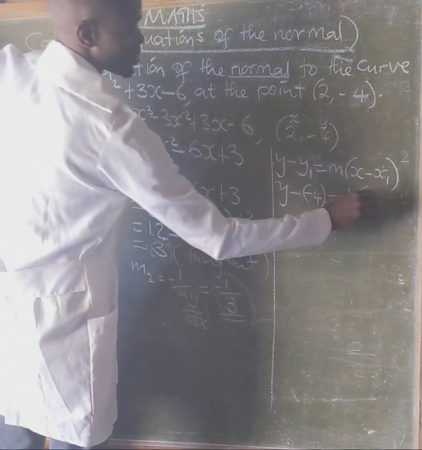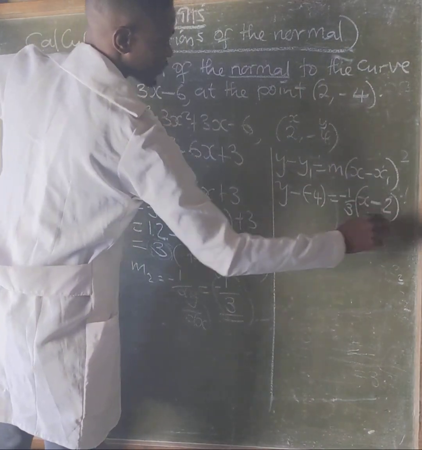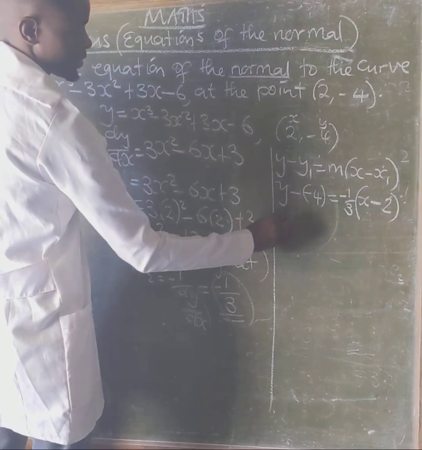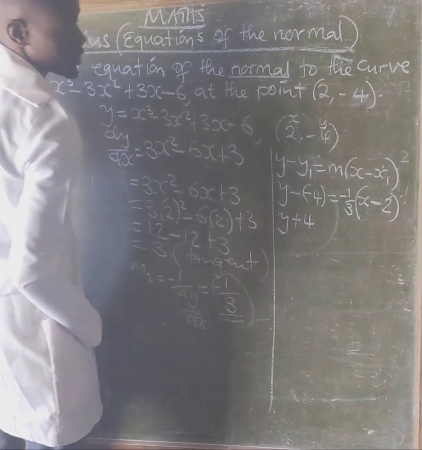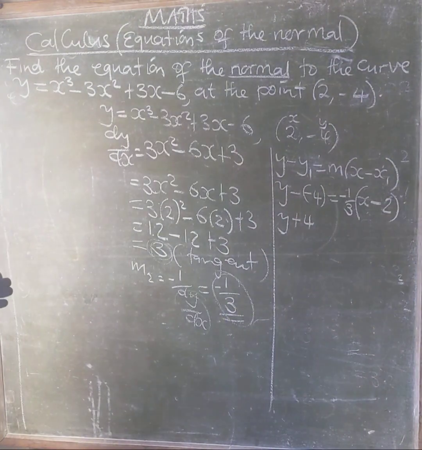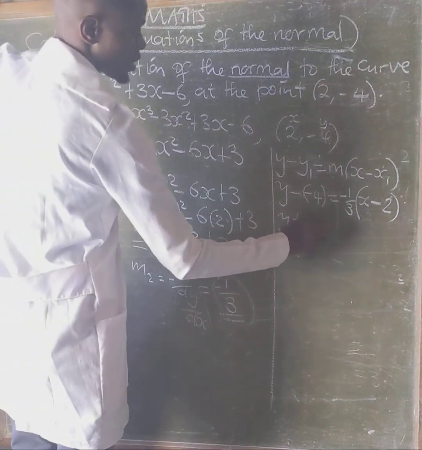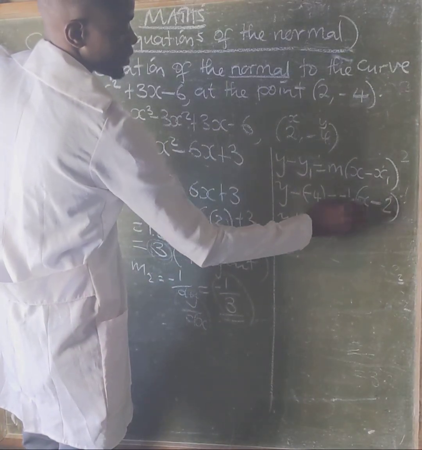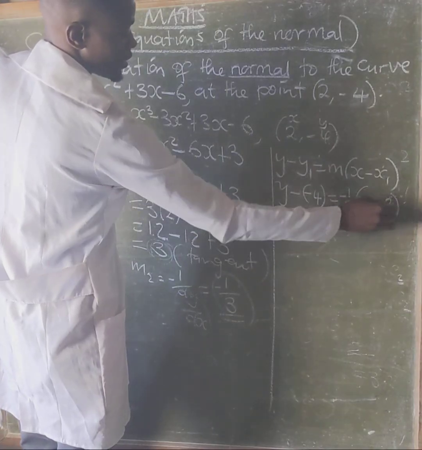The value of x we have is 2, so we replace 2 there. So now we have y plus 4. We know that negative by negative is always positive. Here you open up the brackets by multiplying this by this, and also negative 1 over 3 times that.